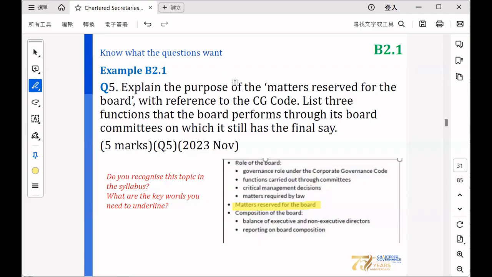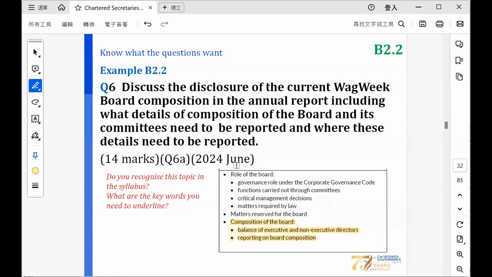Now, let's take a look at another one, which is the disclosure of the board composition. Again, the wording is actually the same as in the syllabus. It says reporting on board composition and the balance between executive and non-executive directors.